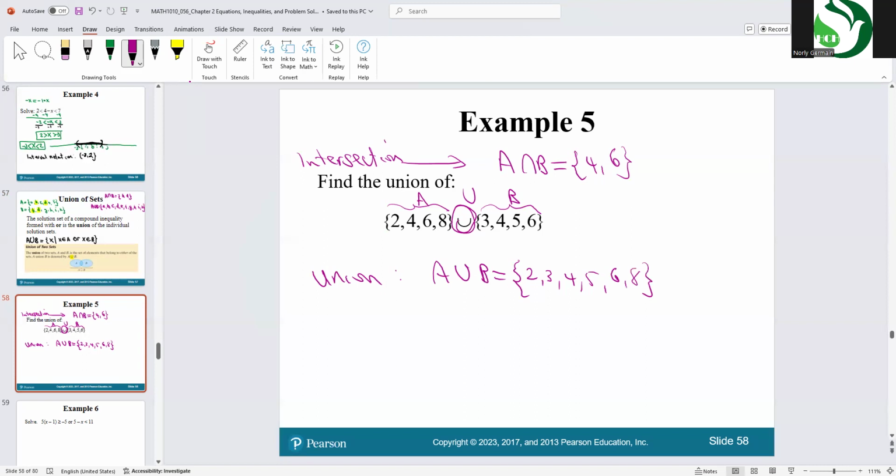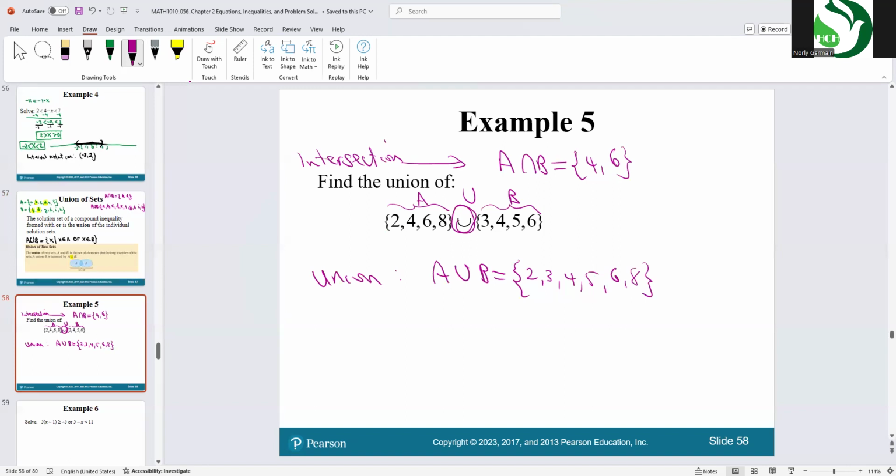Even though they belong to both sets, I only write them once. So this is the union of sets. Of course, in a different algebra course, you should be able to cover all the real numbers and union of sets of real numbers. All right. So the numbers that are in either set are 2, 3, 4, 5, 6, and 8. This set is the union.